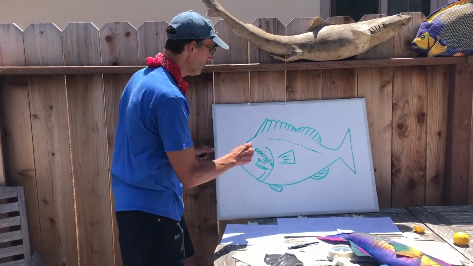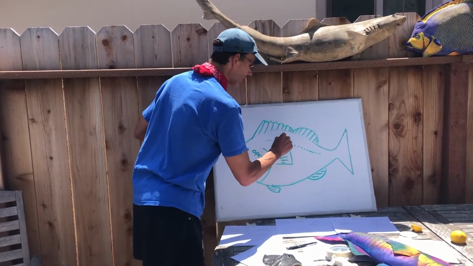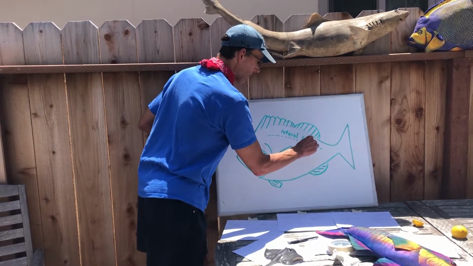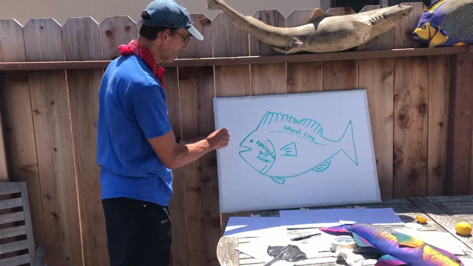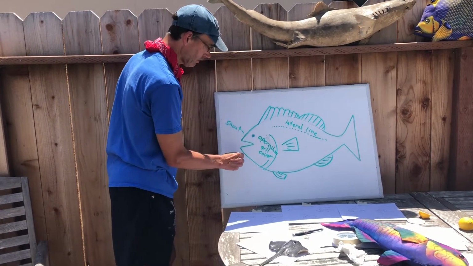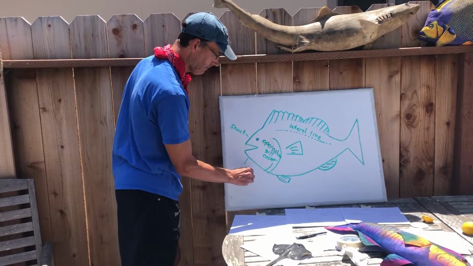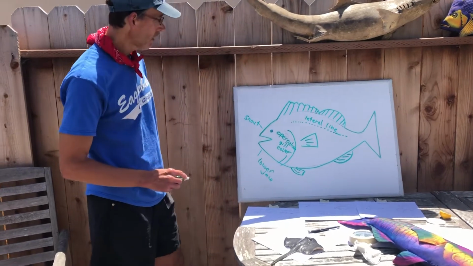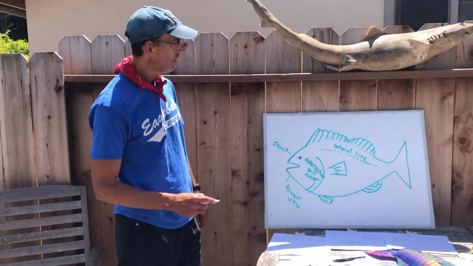And then this right here is called the lateral line. And this is the snout. This is, I'm going to call this the lower jaw. And obviously the eye. And then the different fins.